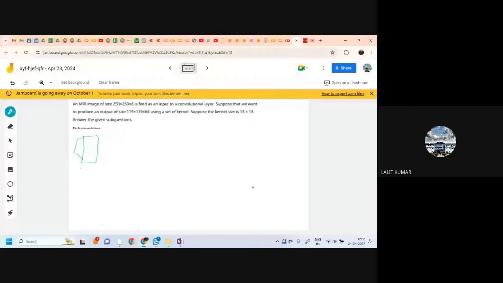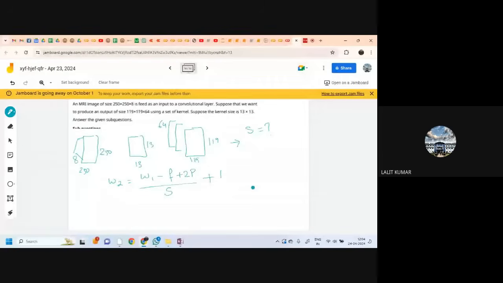We can calculate this easily. The input is 250 by 250, kernel size is 13 by 13, and the output is 119 by 119 by 64. First we have to find S. The direct formula is W2 = (W1 minus F plus 2P) divided by S plus 1.